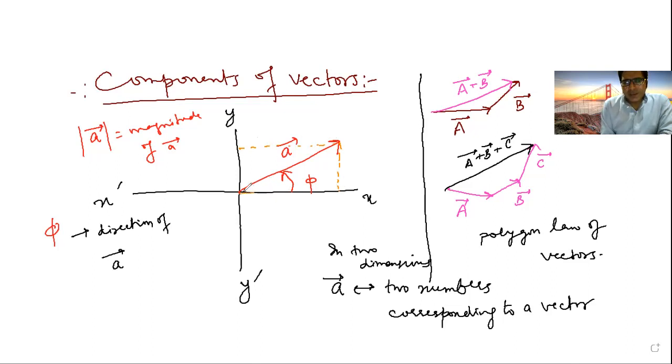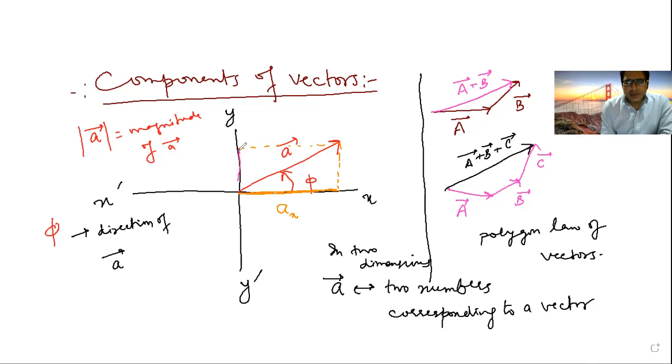Now this length, that means the length starting from the tail of the vector to the foot of the perpendicular on the x-axis, this length I write as ax. It is called the x component of this vector.